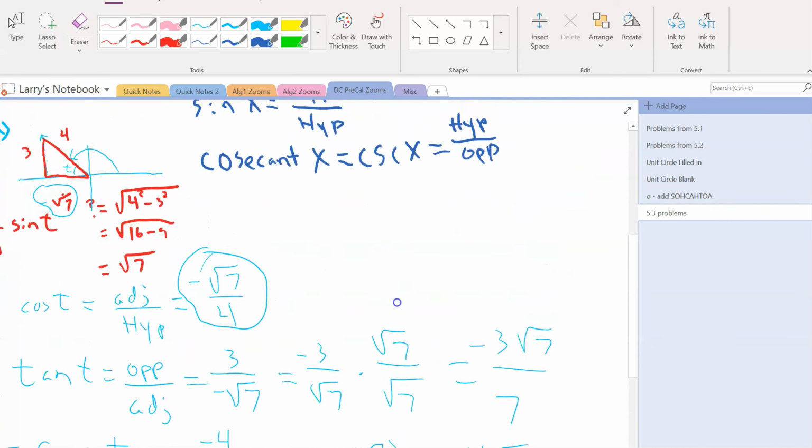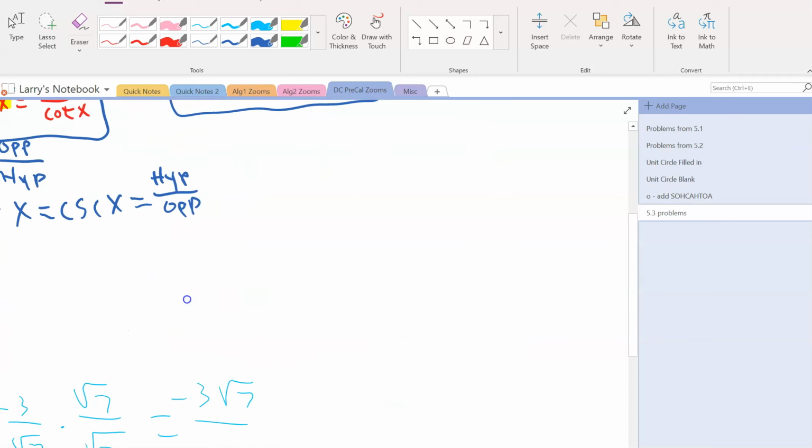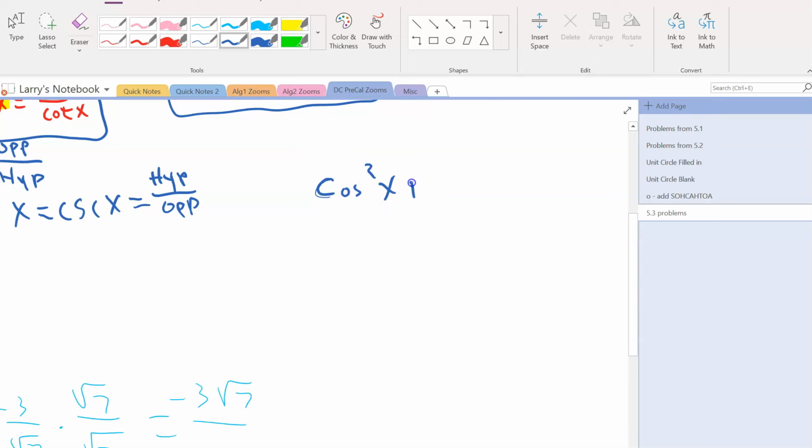This problem, and we showed this the other day, can also be solved with our Pythagorean identity. Remember, this is going to be a fundamental identity. Cosine squared x plus sine squared x is equal to 1. This is directly from the Pythagorean theorem.